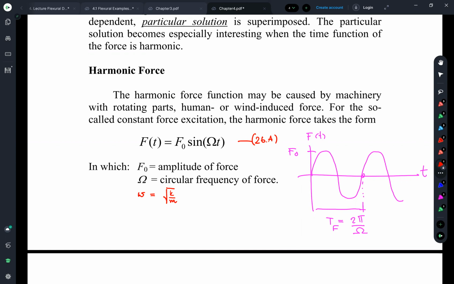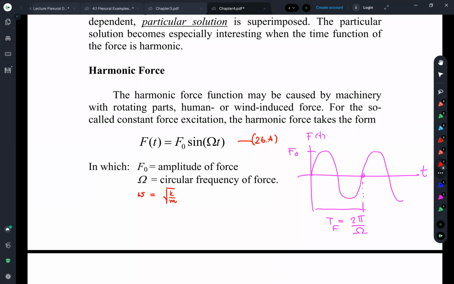And on the right-hand side, you can see the drawing of the force. I plotted the force with time t, and you can see the harmonic force is just a sine function, always changing its magnitude with time.